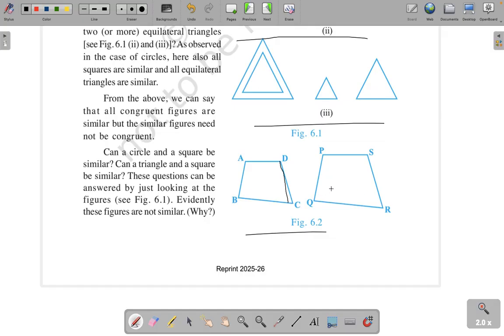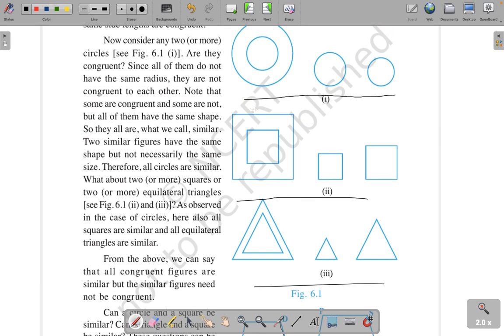So then it becomes difficult. For example, circle is straightforward. Square, say if the length slightly increases by say 0.1 meter, visually it would be challenging to see that difference.